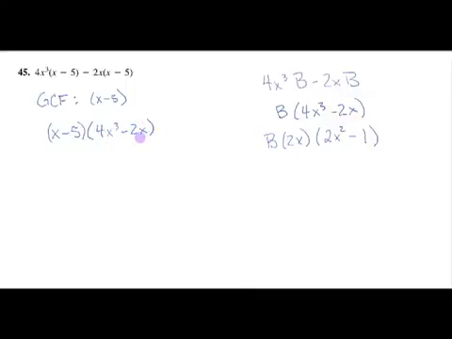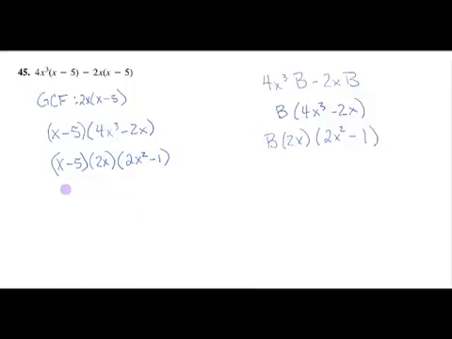Yet this has a greatest common factor of 2x, so our complete greatest common factor is a 2x x minus 5. So let's go ahead and put our x minus 5 there, take out the rest of the greatest common factor, and we're left with 2x squared minus 1.